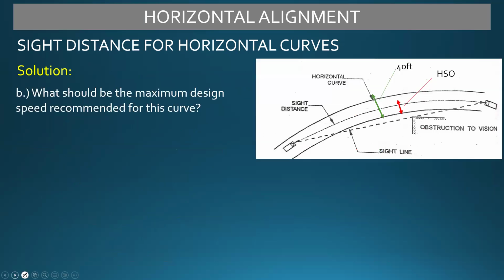Next, what should be the maximum design speed recommended for this curve? What formula will we use to determine the speed for this curve?